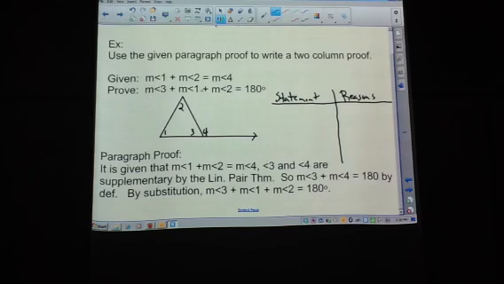Notice the proof is probably going to start off with the given information again, like on any type of proof. It usually does. And then at the end you're going to see what we're trying to prove. If you wanted to read through this one, you notice that there's the reason, there's the statement, and then it looks like we're given another statement followed by another reason.